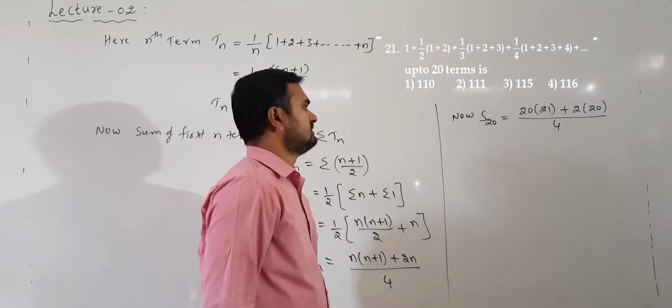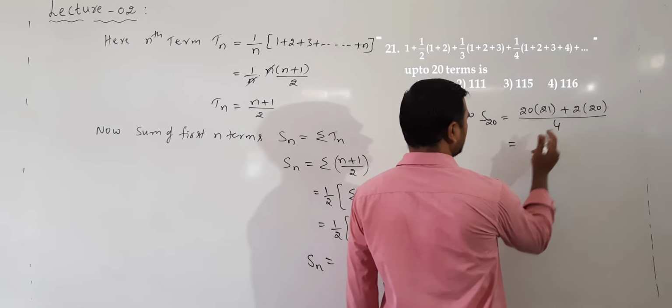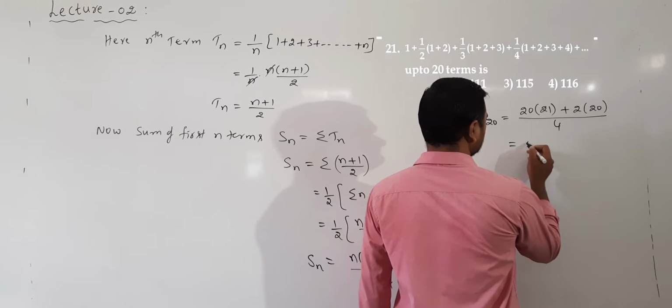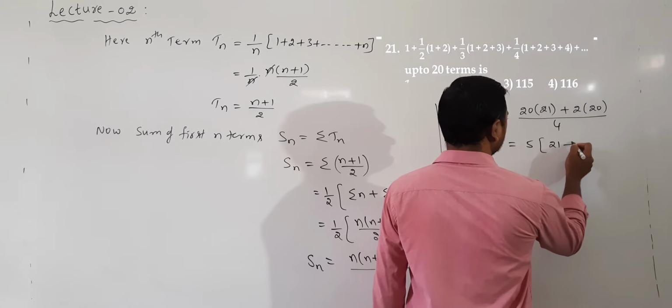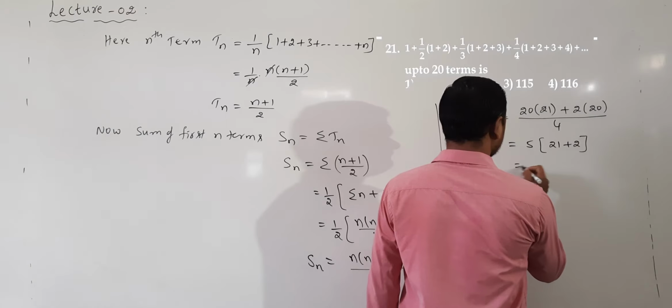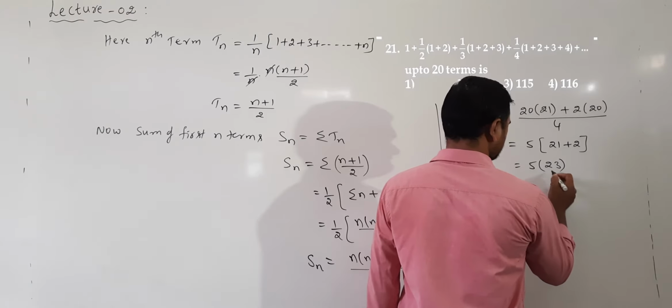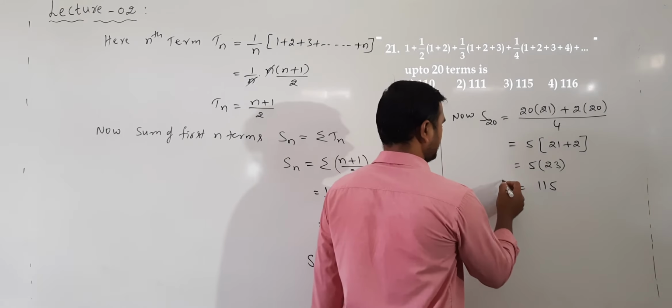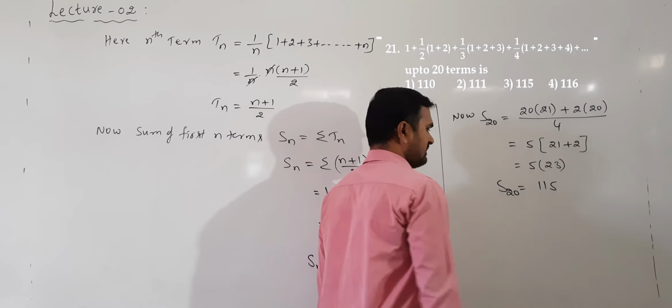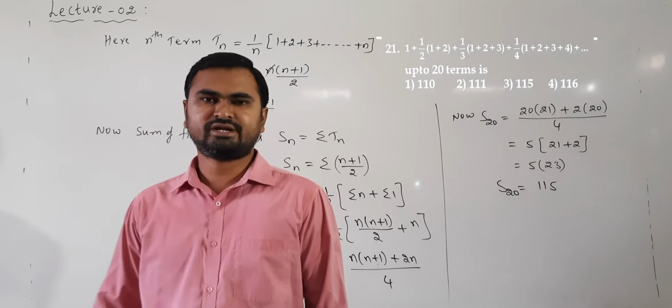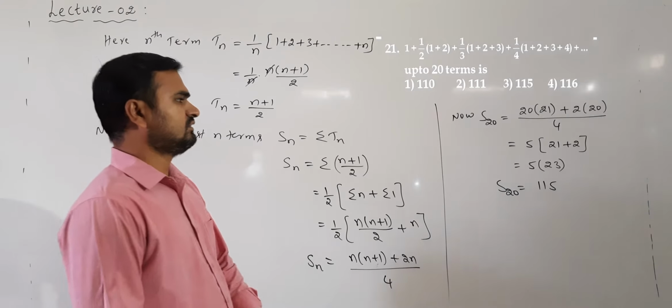Let us simplify. 20 we can take common and cancel. 4 fives are 20, and 21 plus 2 is 23, so 5 into 23, which is 115. So the sum of the first 20 terms is 115.